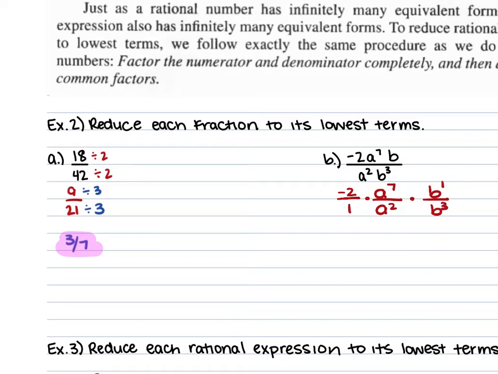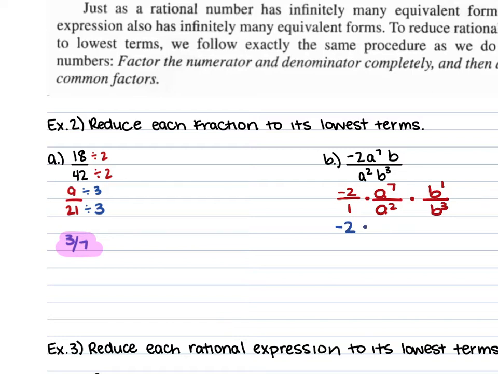When I do this, I can visually see my like terms over each other, so it makes things a lot easier for me to simplify. Remember your rules of exponents. If you are dividing, you are subtracting your exponents. So that negative 2 divided by 1 is just negative 2.